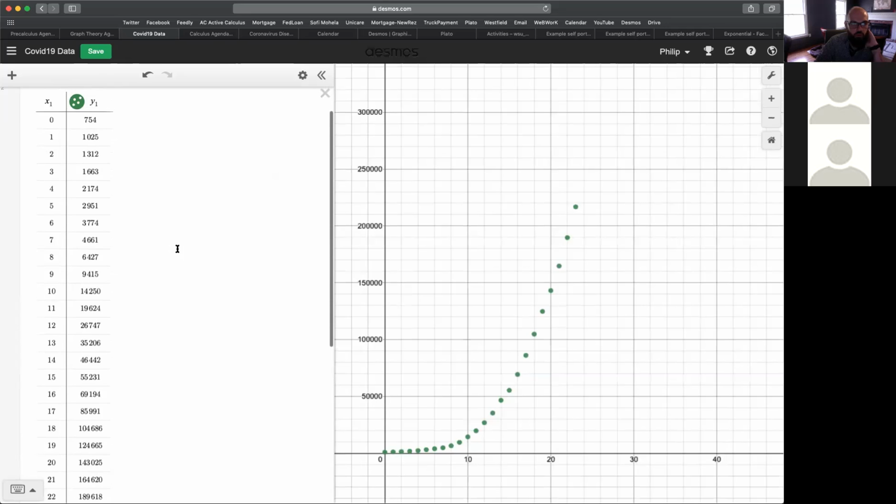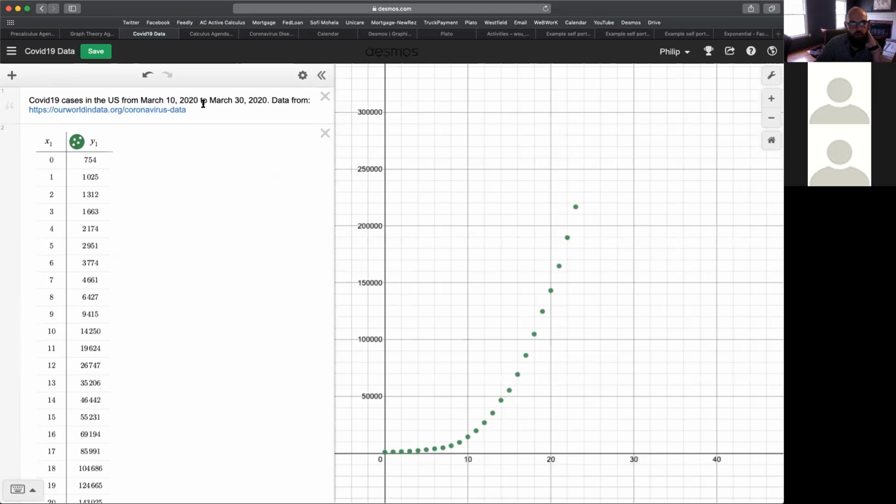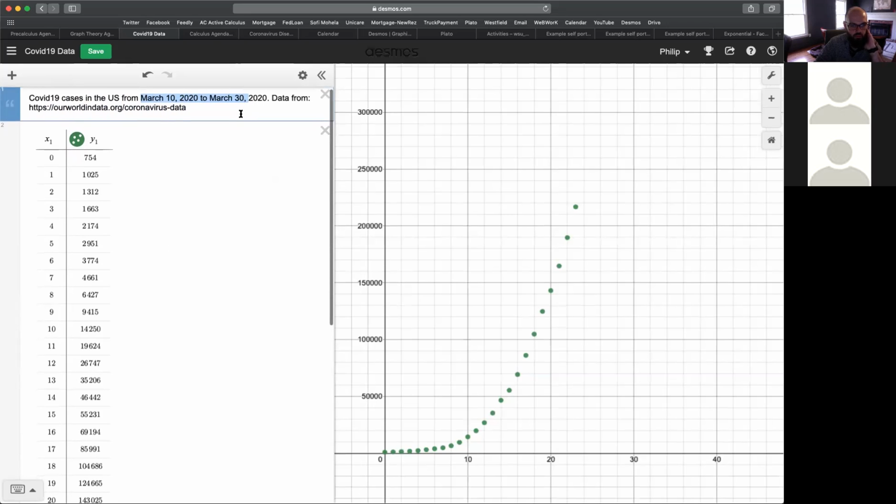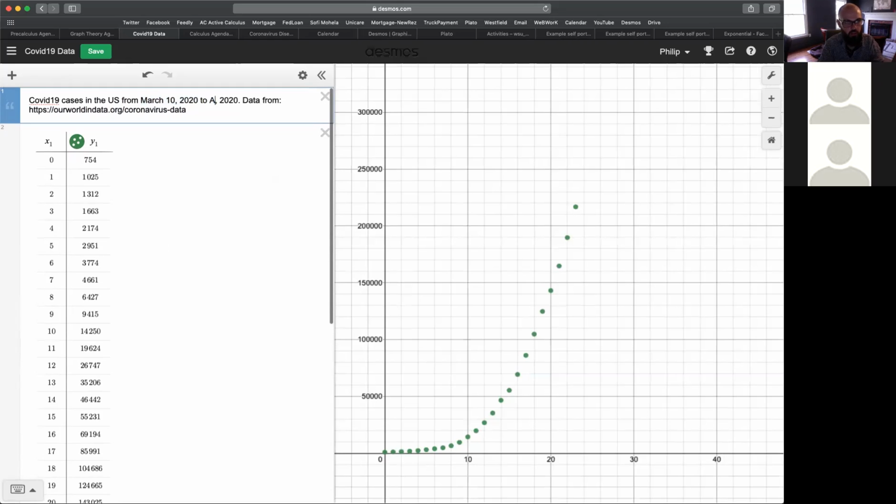It's very similar to our Facebook data here, but it starts on March 10th, and goes out to this morning. I just put in the data from this morning, April 2nd. If you look at this, it looks like a pretty clean exponential model.